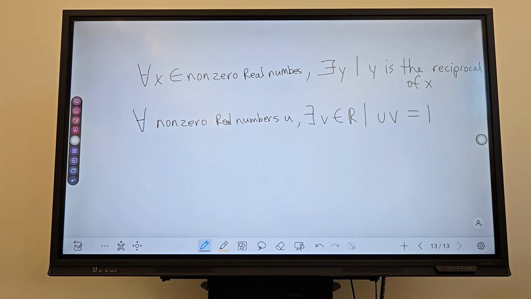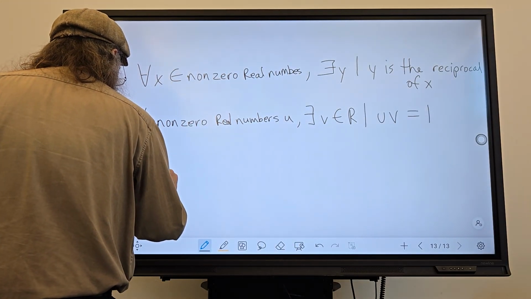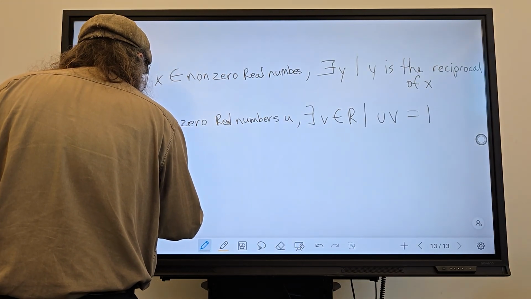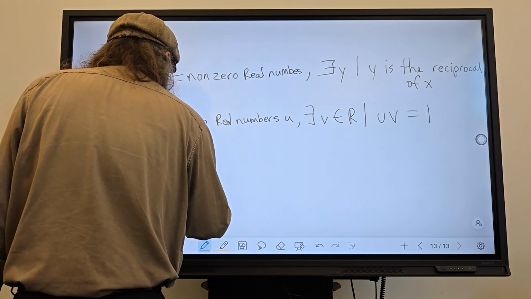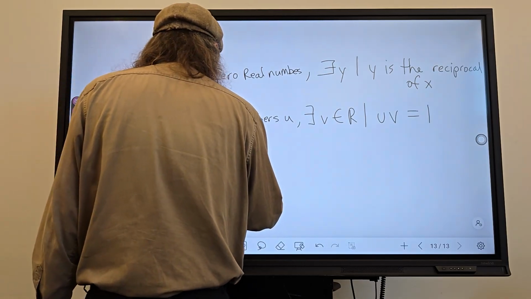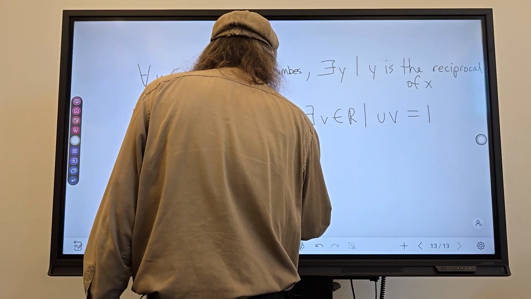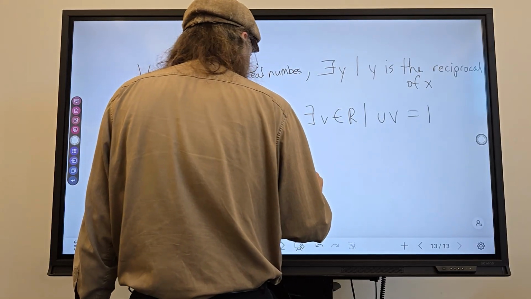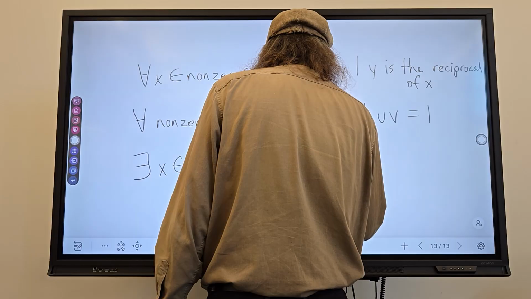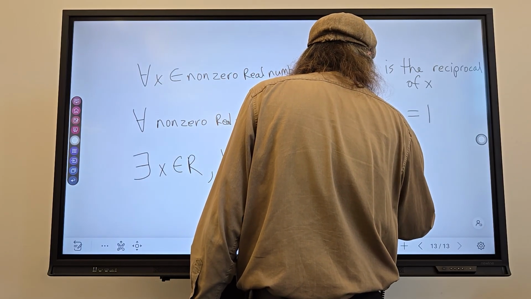How about there is a real number with no reciprocal? There exists an x element of R where for all y element of R, x y does not equal 1.